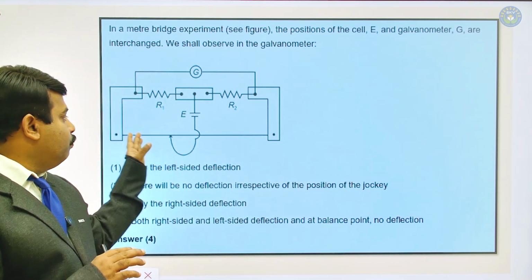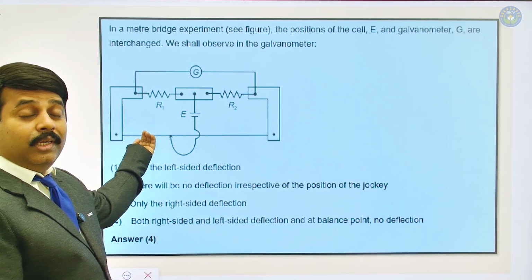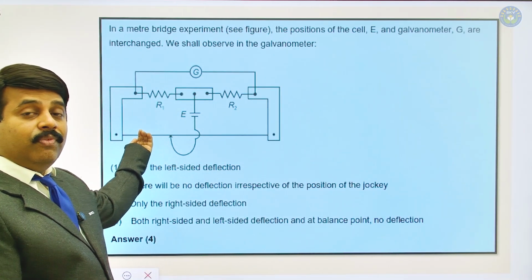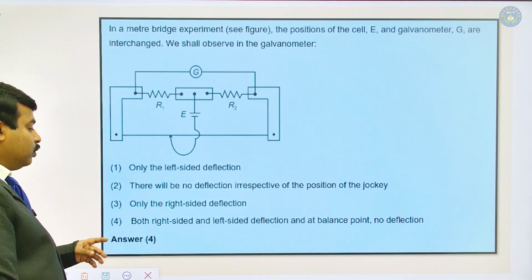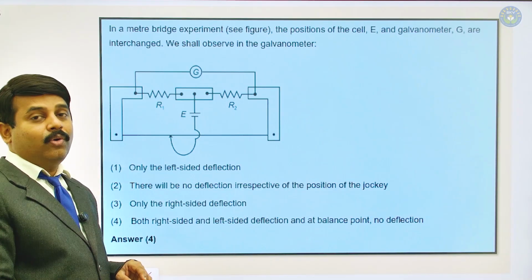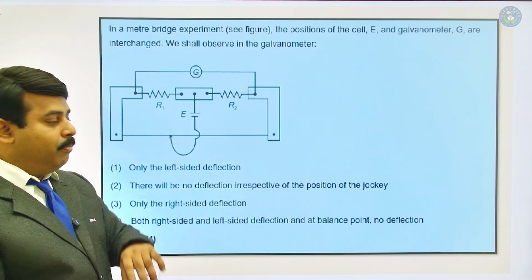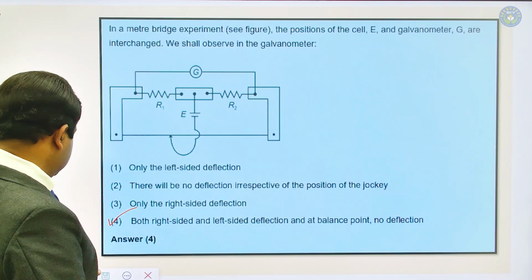But at any other point, if you interchange, it will show left deflection and right deflection. At the balance point it is not affected by interchanging battery and galvanometer. So option 4 is correct, right?